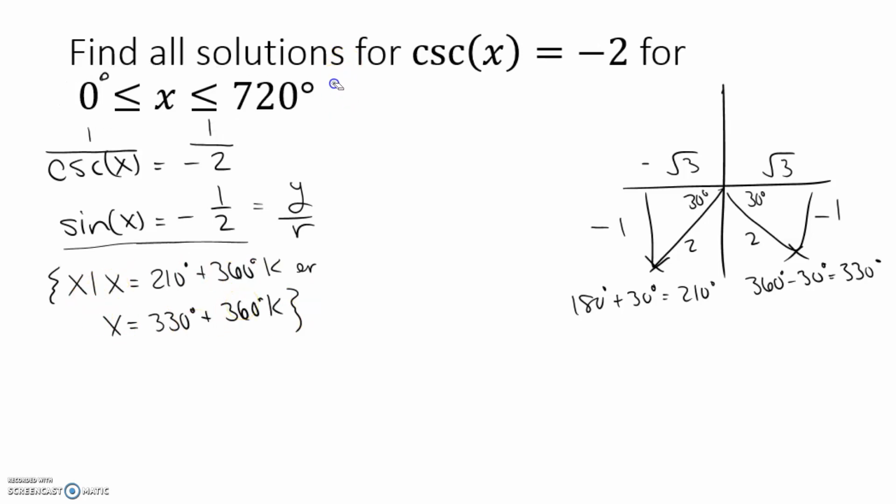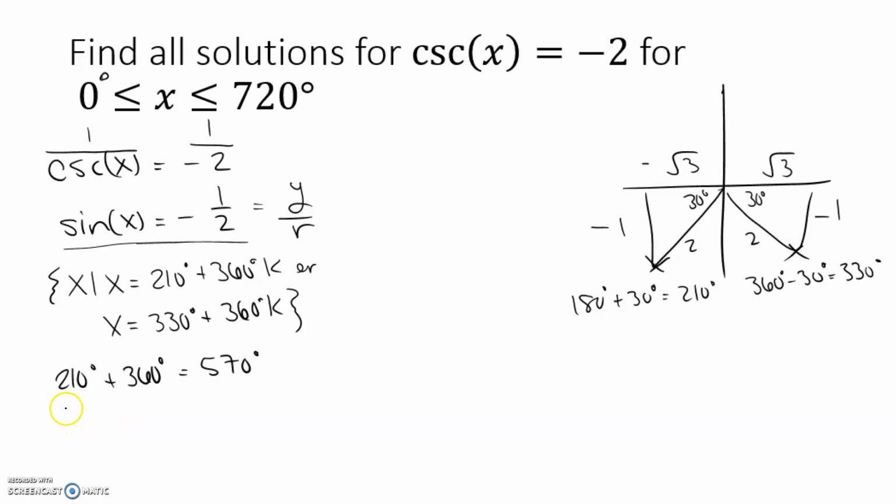But since I have an interval, I will have actual angles for my final answer. Okay, so if I take 210 and add 360 to it, well, that's going to give us 570, which is still within this range.